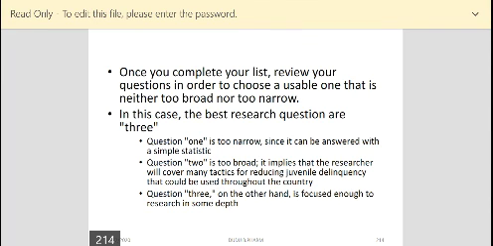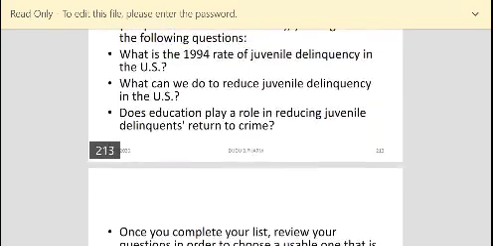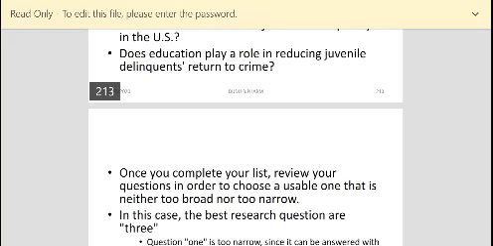But question 3, on the other hand, is focused enough to research in some depth. Does education play a role in reducing juvenile delinquency and return to crime? This is researchable, but what can we do to reduce juvenile delinquency in the US? That is too broad. Or what is the 1994 rate of juvenile delinquency in the US? That is too narrow.